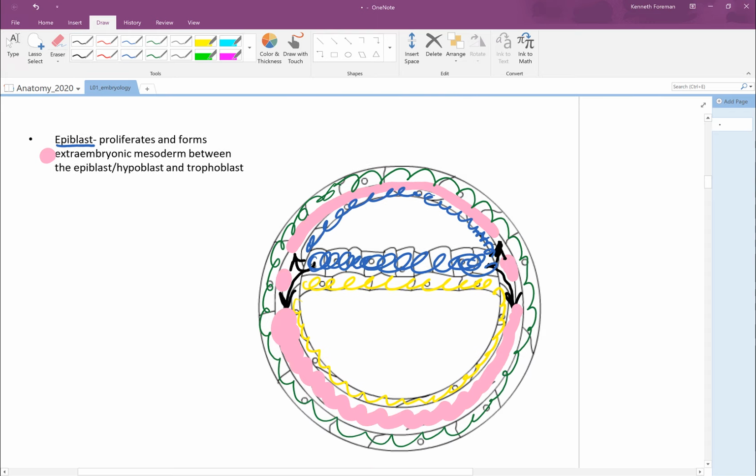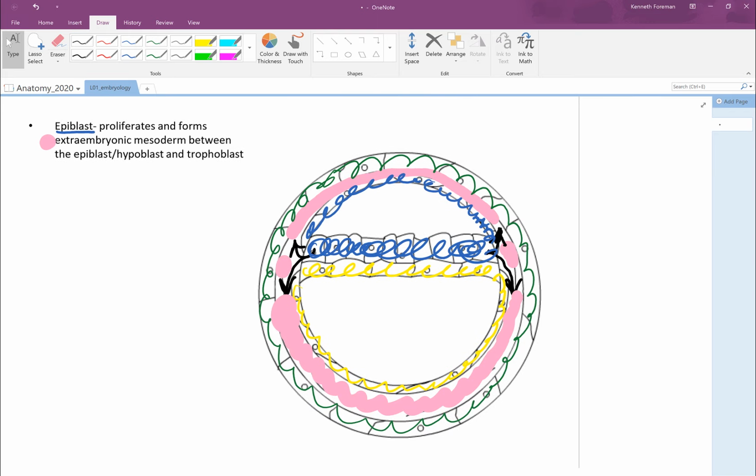As we continue onward, the epiblasts are going to differentiate and proliferate into another layer. This is called extraembryonic mesoderm, and these cells actually migrate between the epiblast and hypoblast layers and between the trophoblast layer in pink here, and that's the extra embryonic mesoderm.